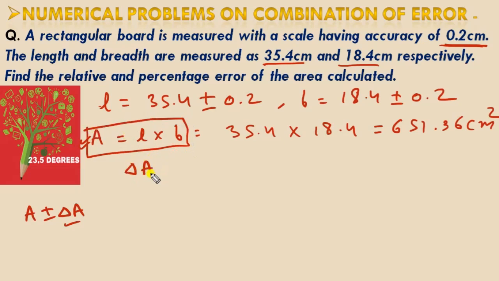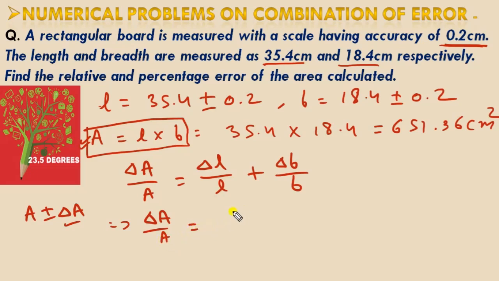To find delta A, we will apply the formula, that is the relative error in A is equal to the relative error in L, delta L upon L, plus the relative error in B, that is breadth, delta B upon B. This implies delta A upon A would be equal to delta L upon L, that is 0.2 upon 35.4, because the mean absolute error for length is 0.2 and the true value of length is 35.4, plus the mean absolute error for breadth is also 0.2 upon the true value of the breadth, 18.4.